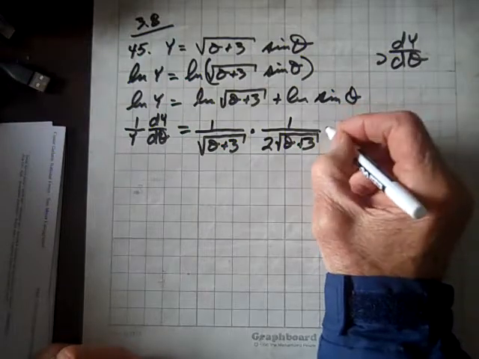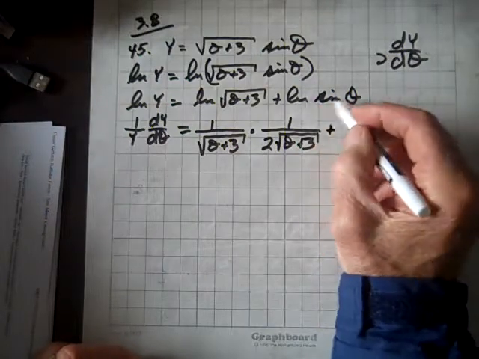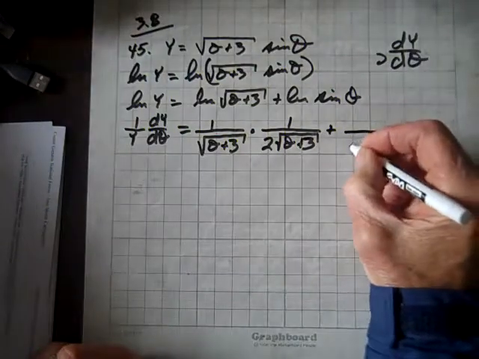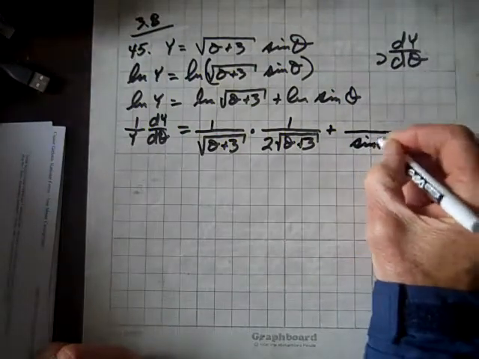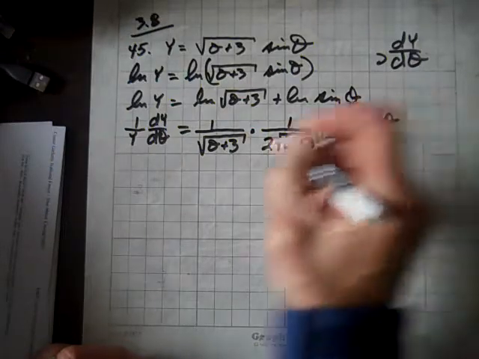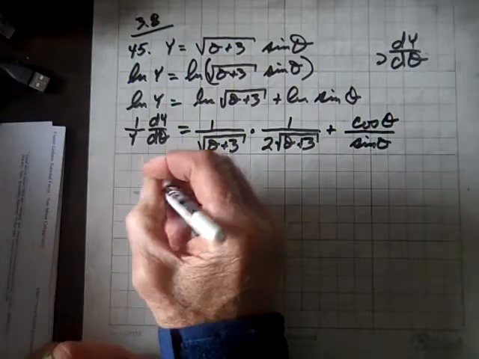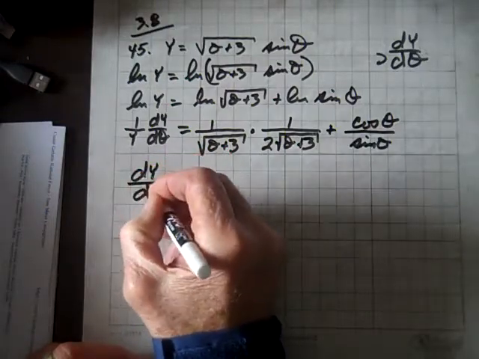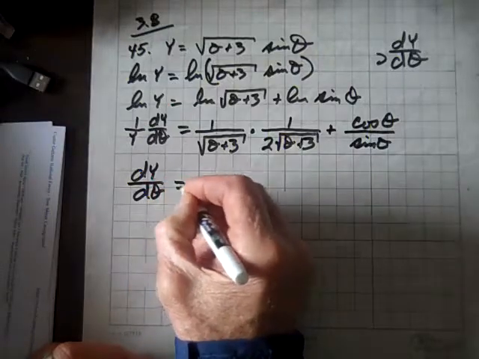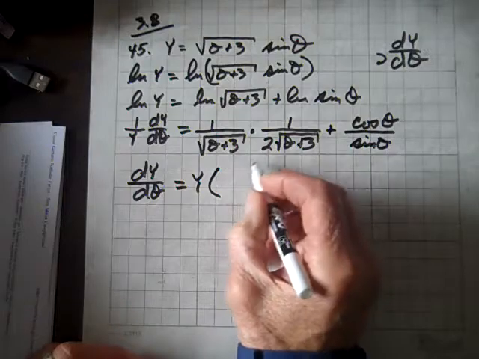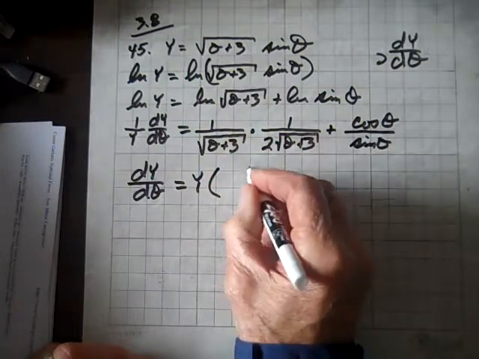Now plus the derivative of ln sine theta. We put sine theta downstairs and take the derivative of sine theta, and we get cosine of theta. So now dy d theta, multiplying both sides by y, we get y times 1 times 1 is 1.